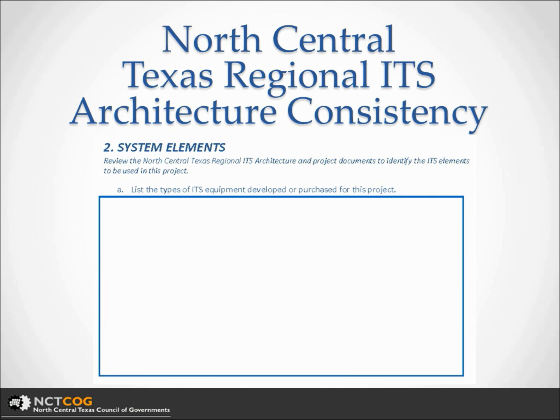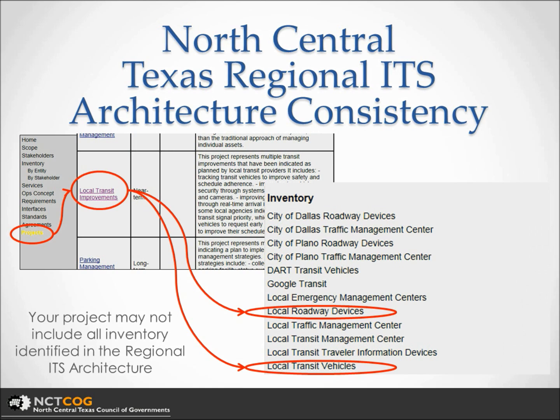The next question on the consistency statement is system elements. It asks for the stakeholder filling out the statement to list the types of ITS equipment developed or purchased for this project. In this case, once again, under the local transit improvement projects, an inventory is listed.